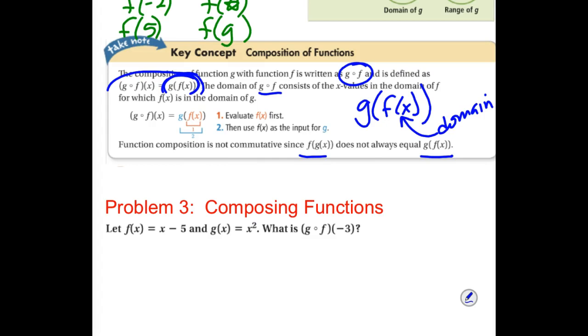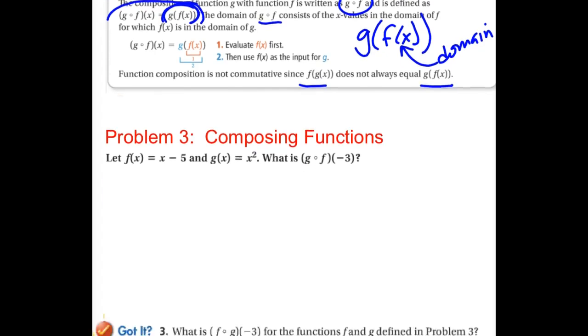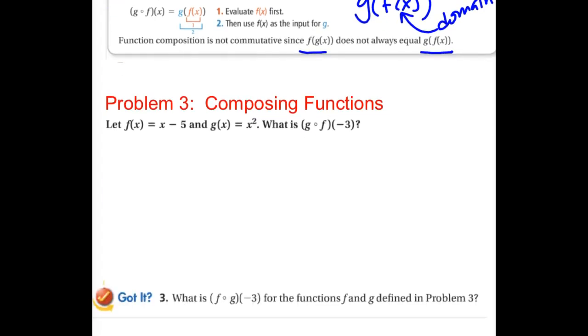There are two ways to do this first question. It says let f of x equal x minus 5 and g of x equal x squared. First of all, are there any domain restrictions on either f or g? Remember from yesterday, we're looking for denominators that can't be 0 and square roots that can't have negatives underneath. We don't have any domain restrictions right now.